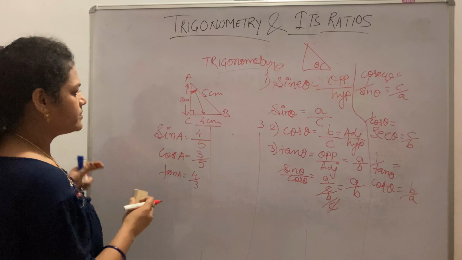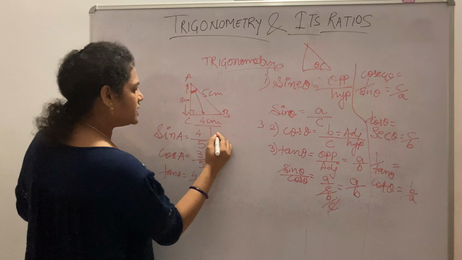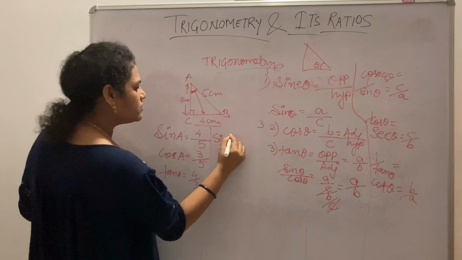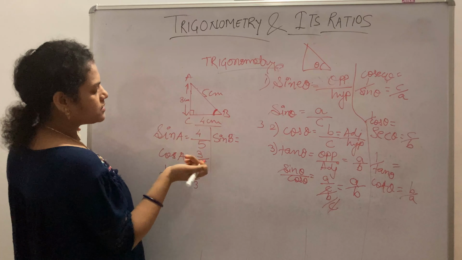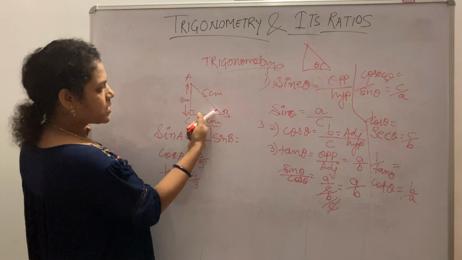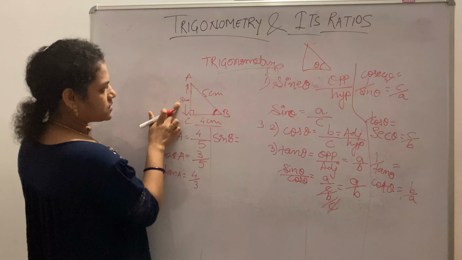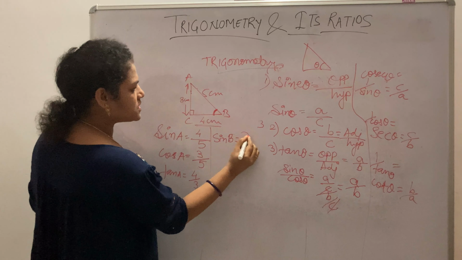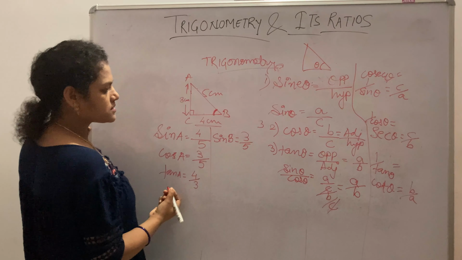See one more example, similarly for sine B. We will see sine B. It will be more clear to you. Now this time we will consider sine B. Opposite to this B, what are you finding? Your side is 3 centimeter, right? And your hypotenuse is 5 as it is.